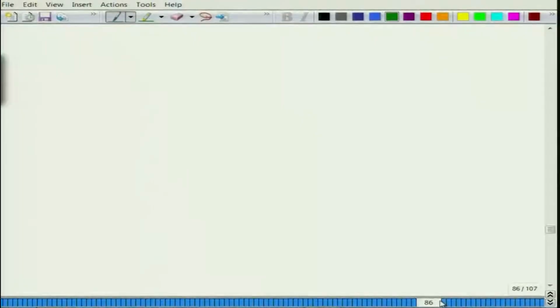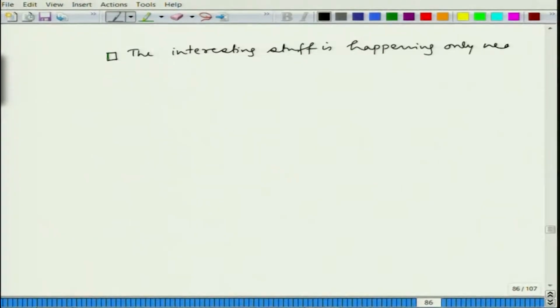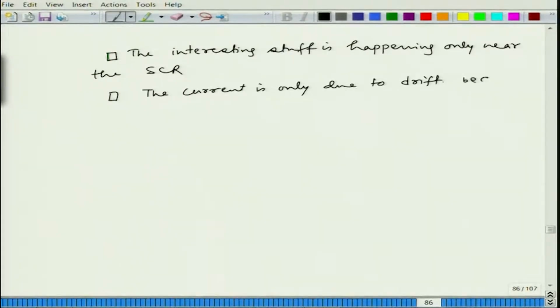So, let me just summarize these observations. The interesting stuff is happening only near the space charge region, right, and the current is only due to drift, because the field ξ is non-zero at the SCR.